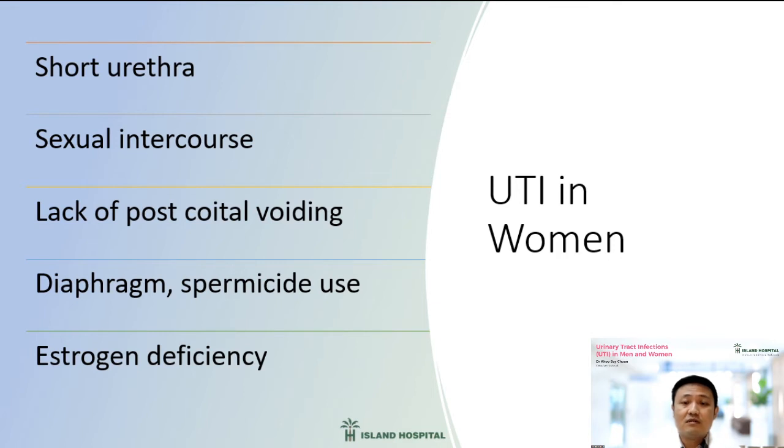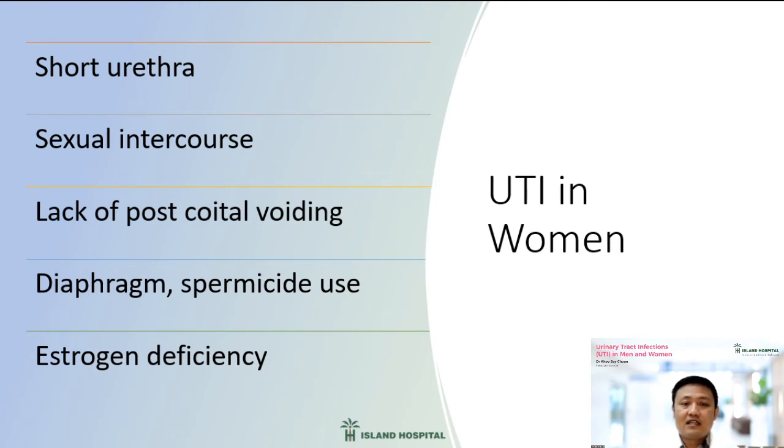The urethra in women is only about 4 centimeters compared to men, about 20 centimeters. So if bacteria colonize the introitus, then of course it will reach the bladder faster and easier in women compared to men.